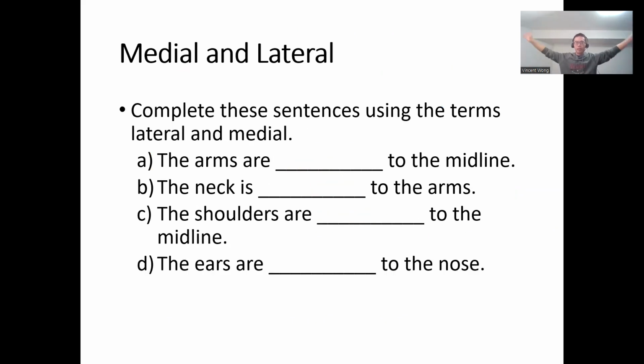The arms, okay? The arms are blank to the midline. Nothing is more middle than the midline, right? So everything relative to the midline, we say lateral. The neck is in the midline. So that would be medial.